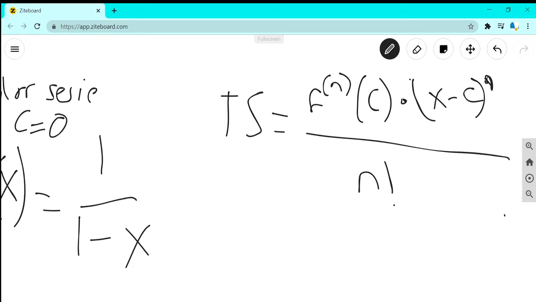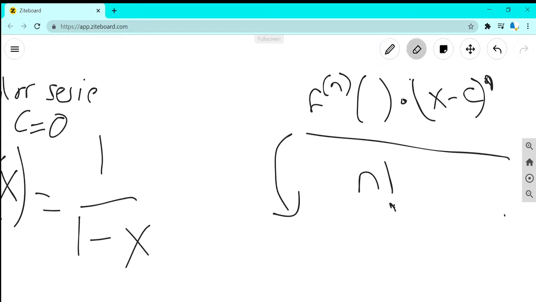And that's for the nth term, of course. That's how you find the nth term. And then going on, you have the Maclaurin series. Basically, the c gets substituted with 0, so x minus 0 is x, so it becomes x to the n, like that.